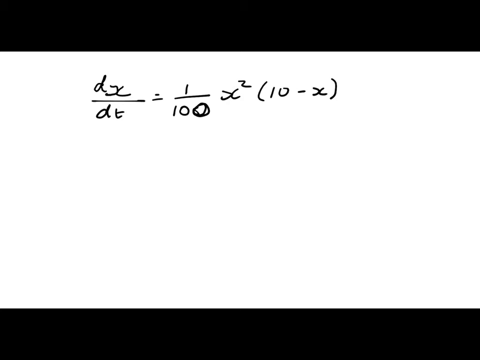I'm going to move everything with x's over to the left-hand side, giving me, not surprisingly, 100 over x squared, 10 minus x dx is equal to 1 times dt.